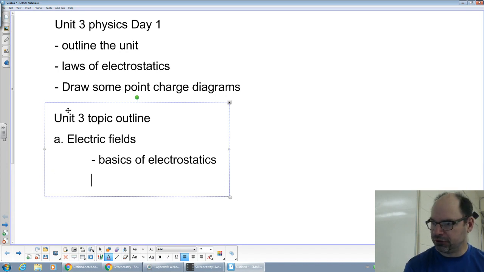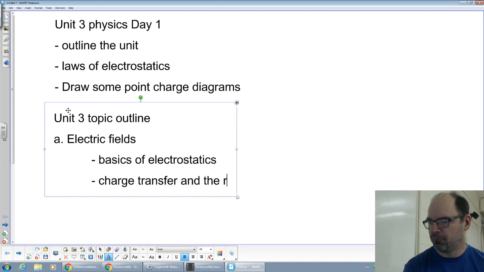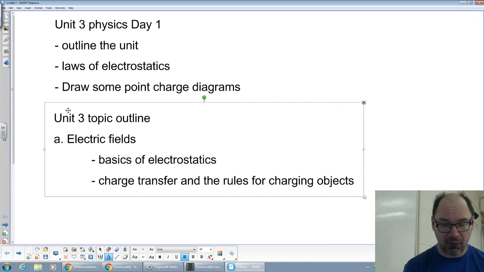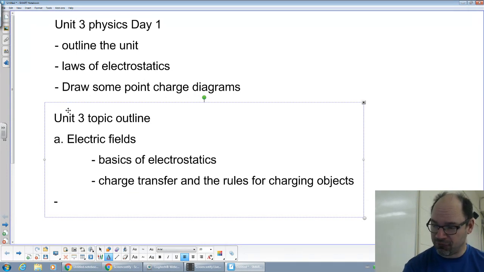We're going to look at charge transfer and the rule for charging objects. Okay, we're also going to look at Coulomb's law, so we'll have some calculations as well in here.